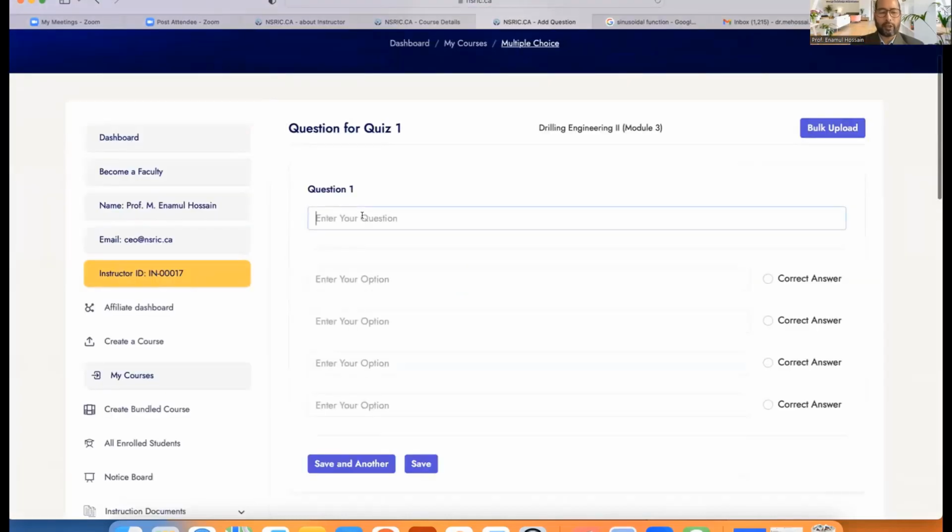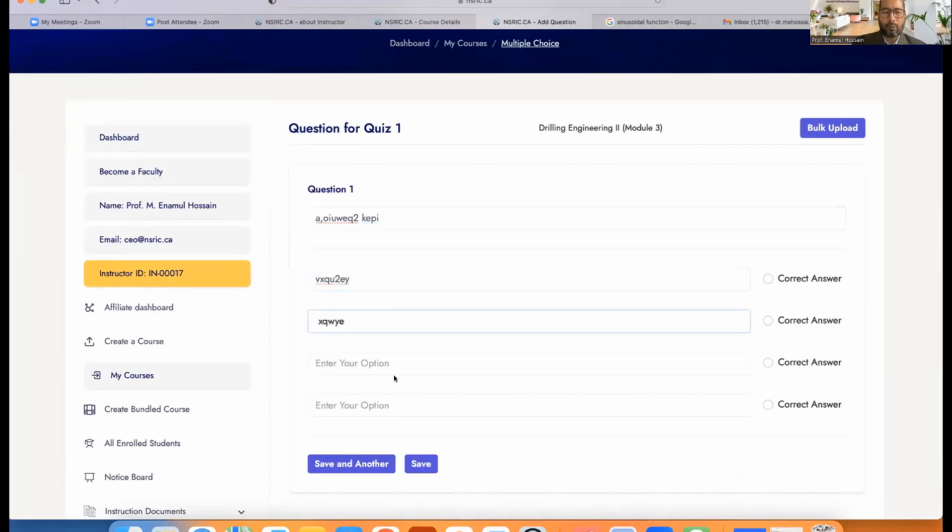So let's say question, you write down the question here, and then enter your options, meaning answers. Remember when I was creating this quiz, I selected single choice, so I have only one answer.